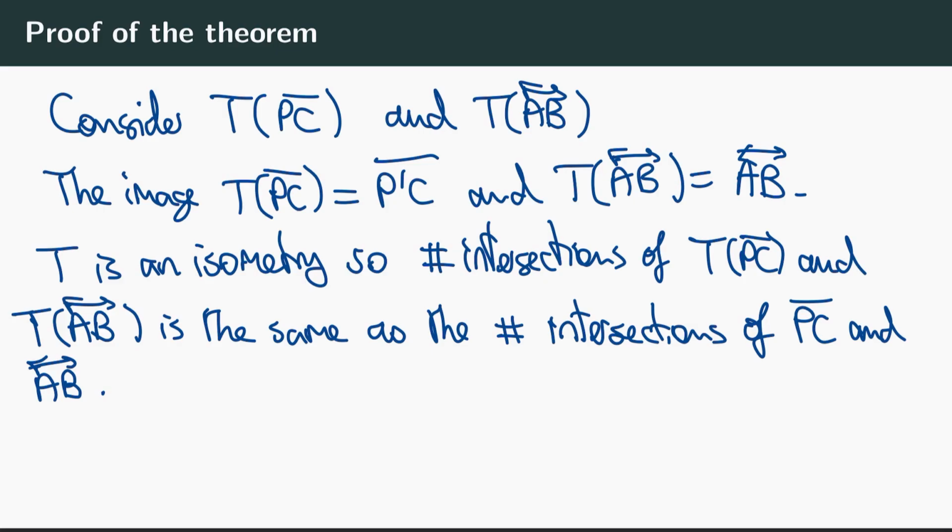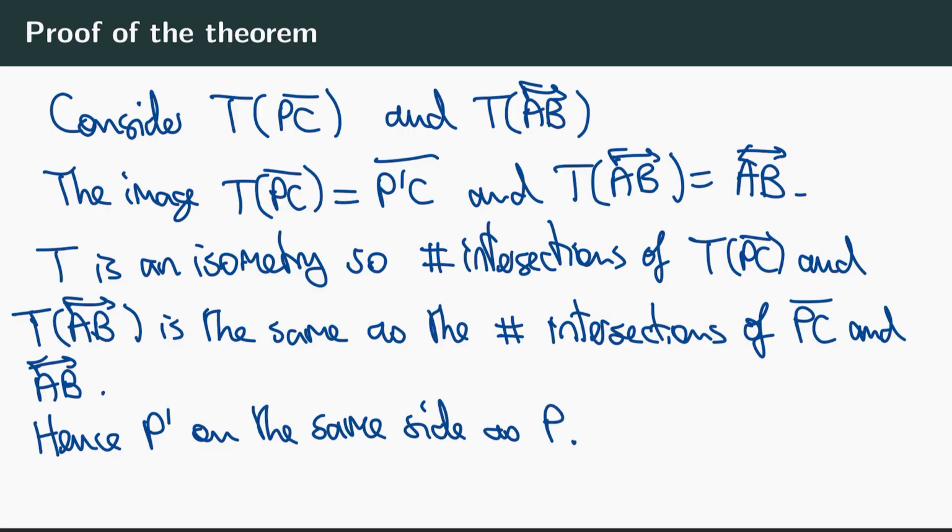And now from this, that means we have 0 intersections if P and C are on the same side, and 1 intersection if P and C are opposite. So that forces, similarly, P prime to be on the same side as P. Okay, so that establishes our claim.